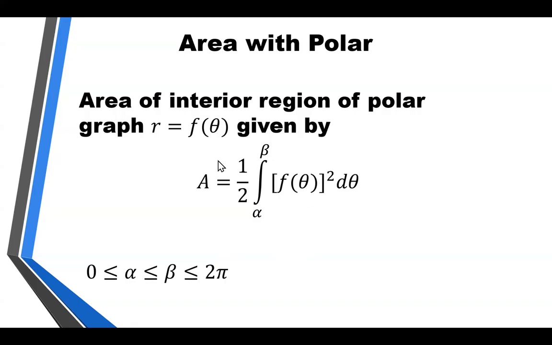R squared, again, is just my function r. And then I have a 1/2 out front because of the ratio of the area of a circle versus the change in my angle theta. It's always change in theta divided by 2 is the proportion of the area of circle. So that dividing by 2 shows up as a coefficient. So it's 1/2 r squared, integrate with respect to theta, and that's the area of an interior region of a polar graph.